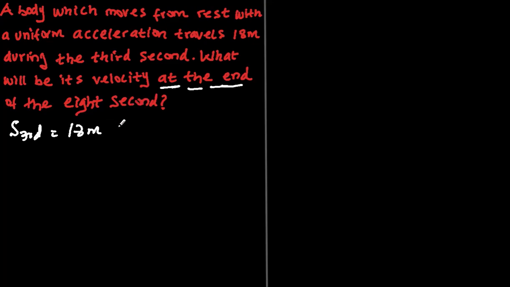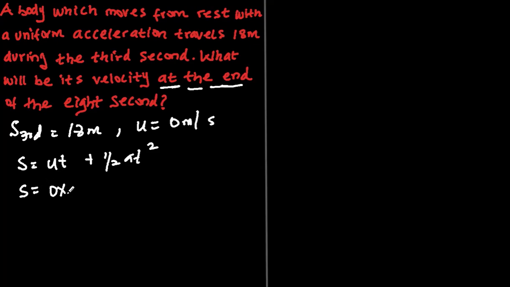So a body which moves from rest means initial velocity is 0 meters per second. So let's find acceleration. So we say S equals ut plus half at squared. So since it's starting from rest, that will be 0 times, in the third second, 3 minus 2 seconds, plus half times acceleration, which is unknown, but this should be 3 squared minus 2 squared.